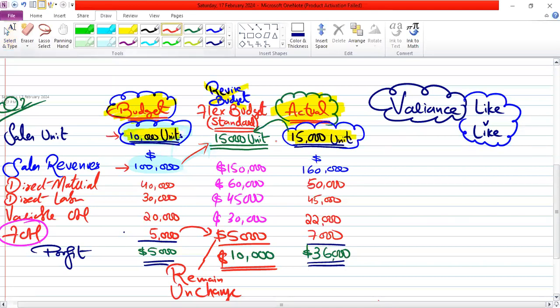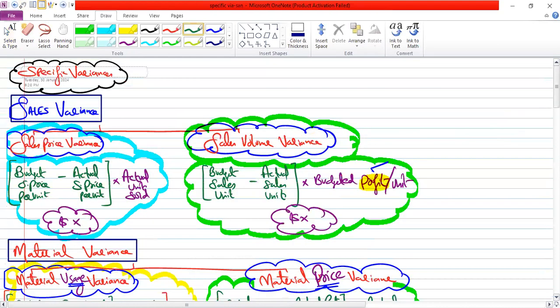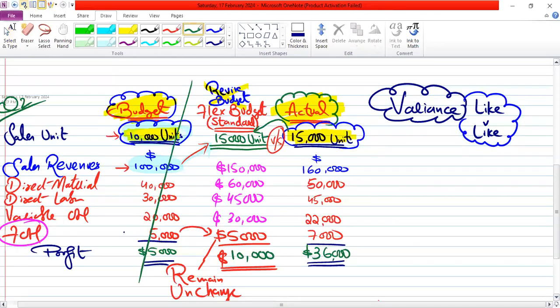Now, like versus like, we will do the variance between standard and actual, that is flex budget and actual. So the first one, 150 was the flex budget. We will not consider the original budget.